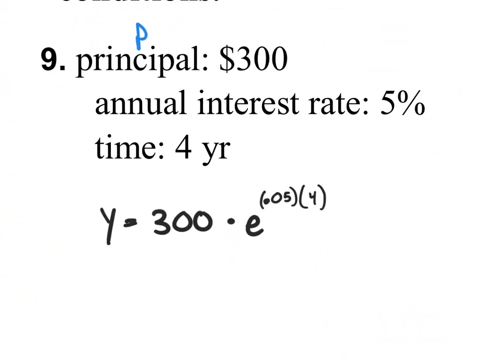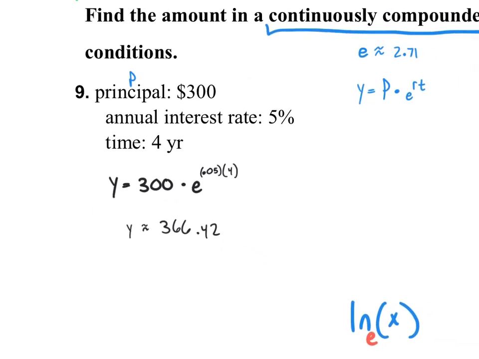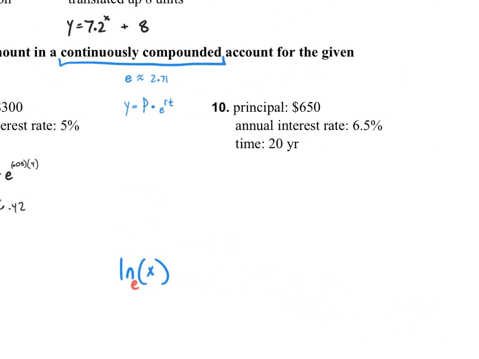When you're working with PERT, you don't need the 1 because the E takes care of that. So you just type this in. 300 times E raised to the 0.05 times 4 power would give us approximately $366.42.